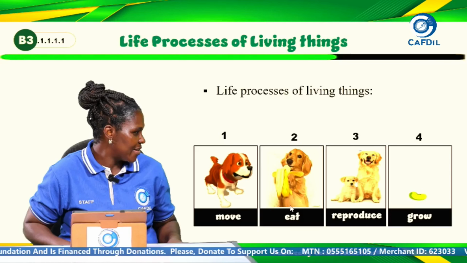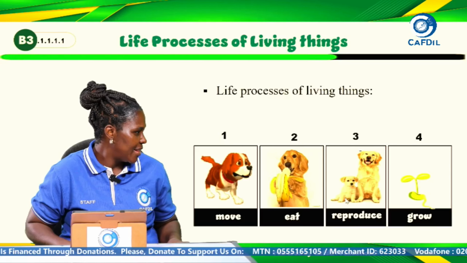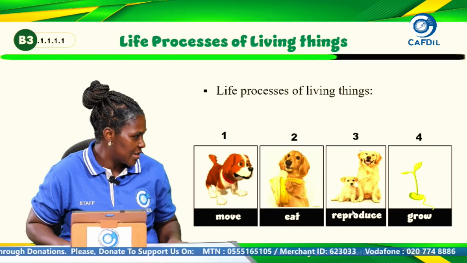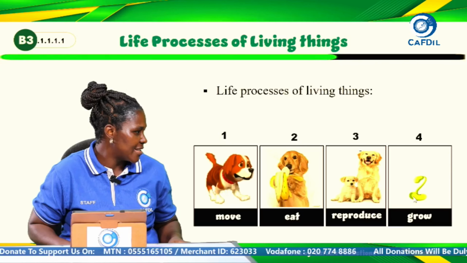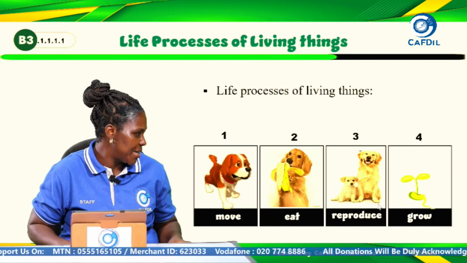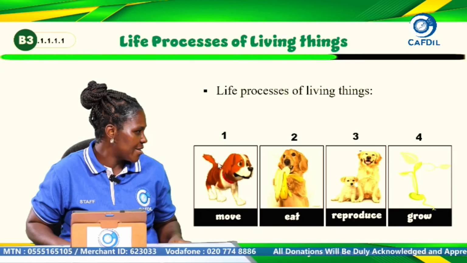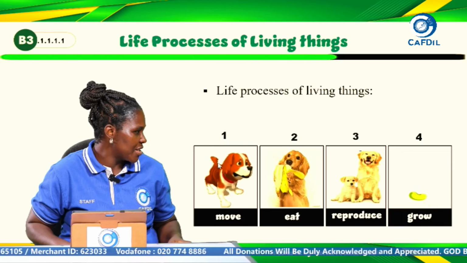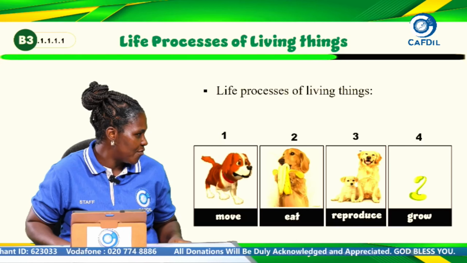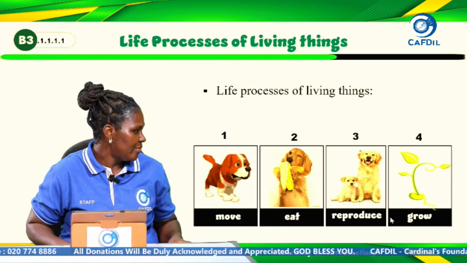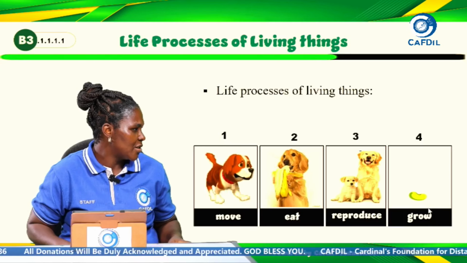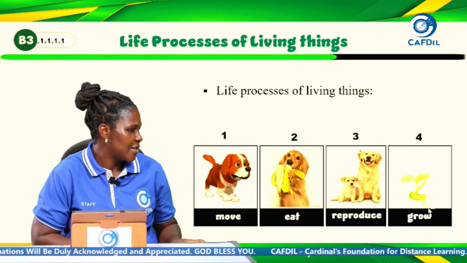Living things eat. Living things reproduce. And then we grow. Look at the seed growing to become very big. So the life processes of living things are move, eat, reproduce, and then grow.